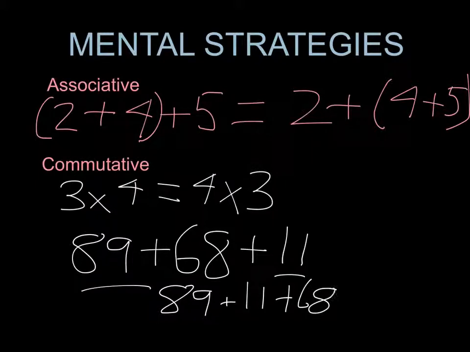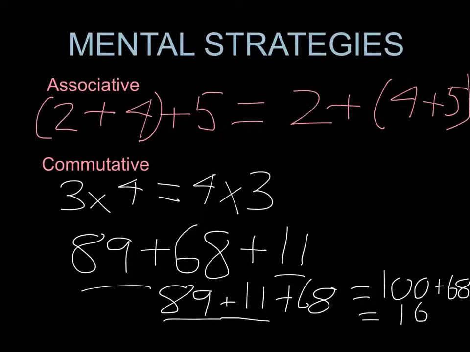That is much easier because 89 plus 11 is just 100. So it's just 100 plus 68, which is of course equal to 168. I was able to do that so much quicker by changing the order in which I added things. So you can do that for addition or multiplication.